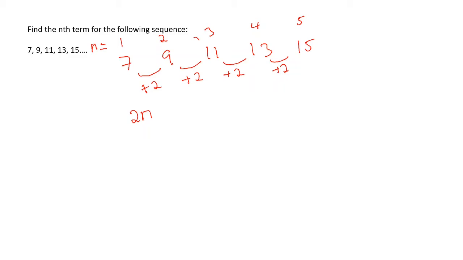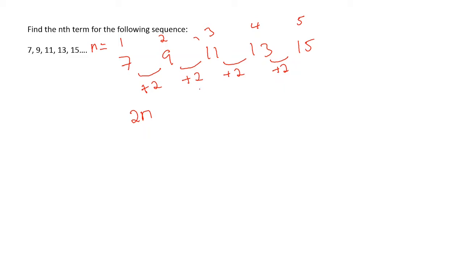How about the second position? If n becomes 2, 2 times 2 is 4. How do I get from 4 to 9? I add 5. When n is 3, the third position, 3 times 2 is 6. To get to 11, I add 5.